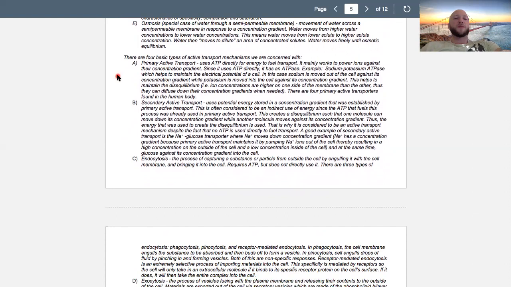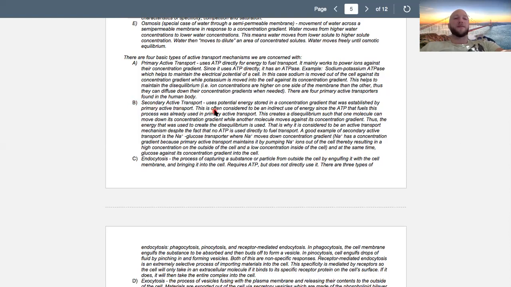There are 4 basic types of active transport. What is active transport? Active transport uses ATP. With primary active transport, ATP is directly used as the fuel to move things across the membrane. Glucose binds to the transporter, ATP binds to the transporter, boom, it moves it across.